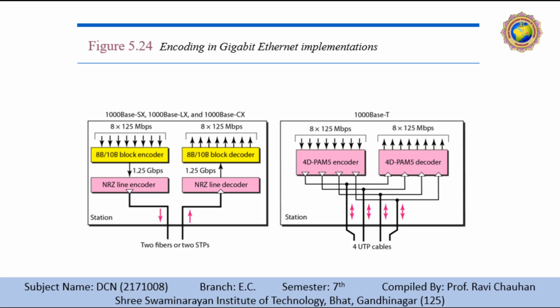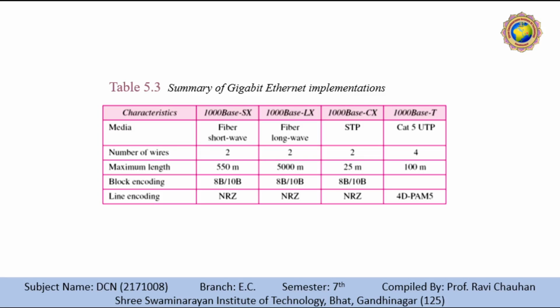implementation. So let's summarize our gigabit Ethernet with the help of the table. The media used in 1000Base-SX and 1000Base-LX is fiber, but in the first case it is short wave, in the latter case it is long wave. 1000Base-CX uses STP media and 1000Base-T uses category 5 UTP.